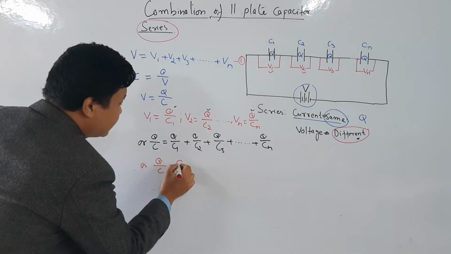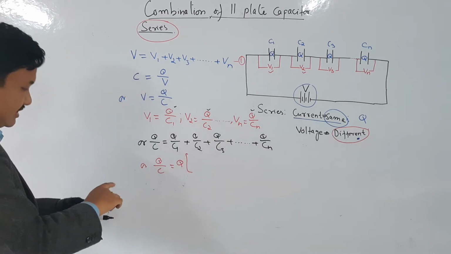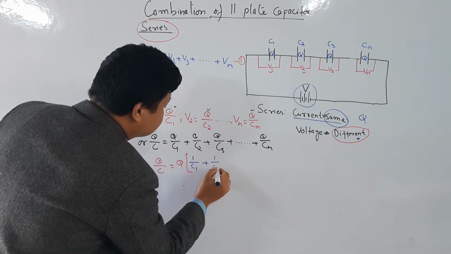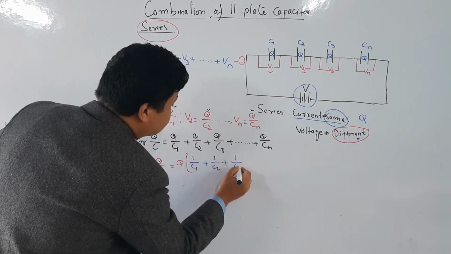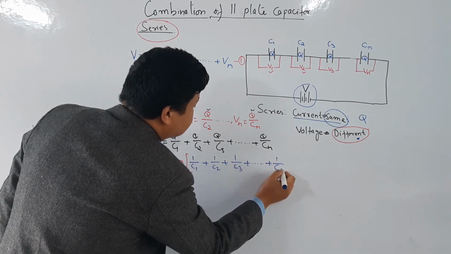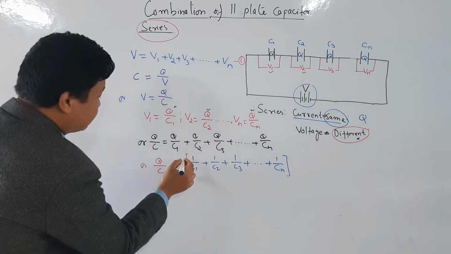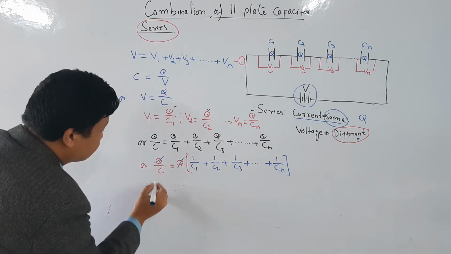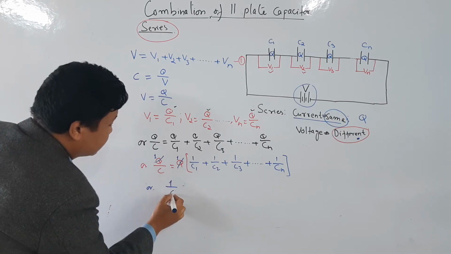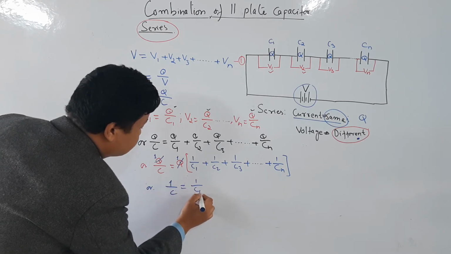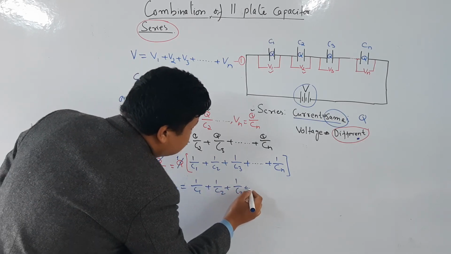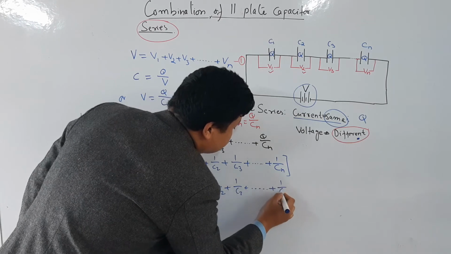Then I get 1 by C1 plus 1 by C2 plus 1 by C3 plus dash dash dash plus 1 by Cn. This Q and this Q cancel, so 1 by C is equal to 1 by C1 plus 1 by C2 plus 1 by C3 plus dash dash dash plus 1 by Cn.